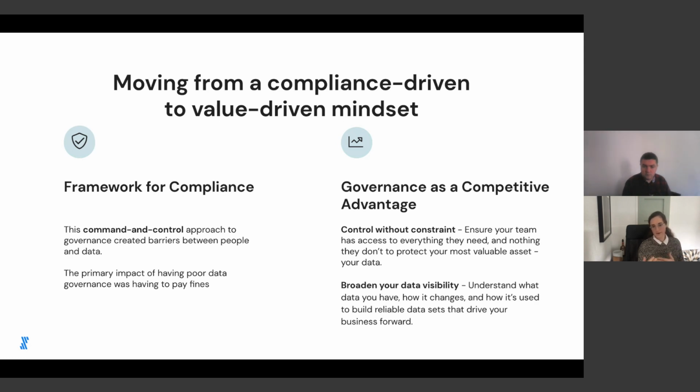If you put up a barrier to finding that data, they're not going to go completely out of their way to find it. You should be trying to make that data discoverable and accessible to them as and when they need it, and then they will truly become more data driven.